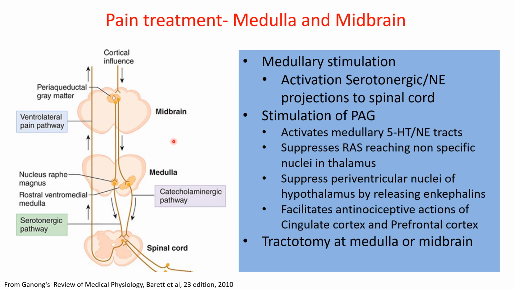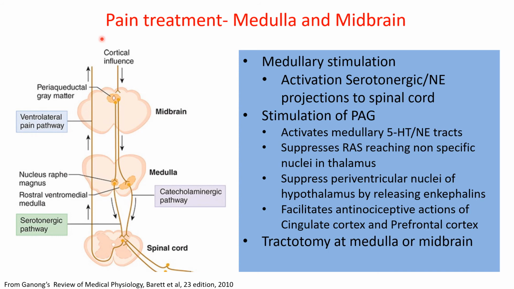The periaqueductal gray stimulation also activates the anti-nociceptive actions that project onto the substantia gelatinosa cells, and that would reduce the pain. And these anti-nociceptive actions receive input from the cingulate and the prefrontal cortex.